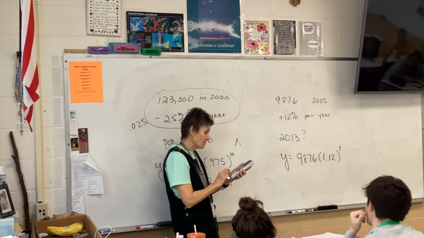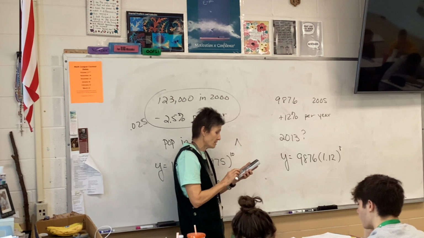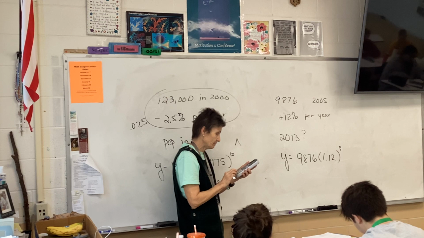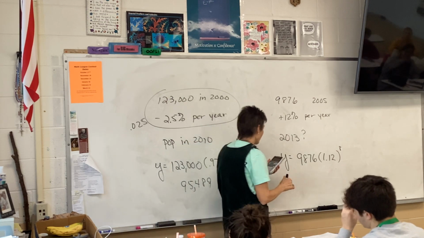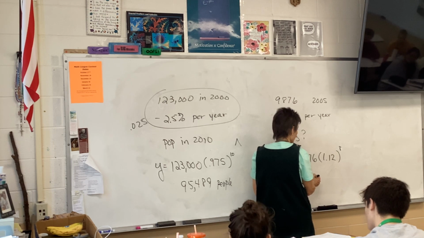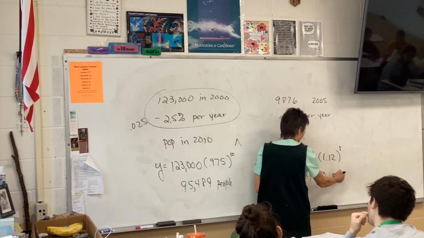All right, so let's type this one in. And again, it's population, so let's make it the nearest person. No decimal people, please. What did you get? 24,453 people.